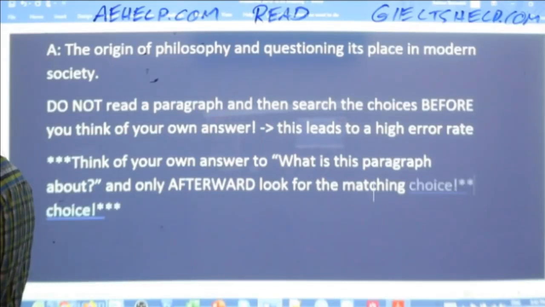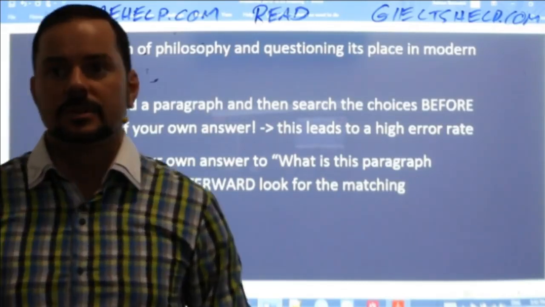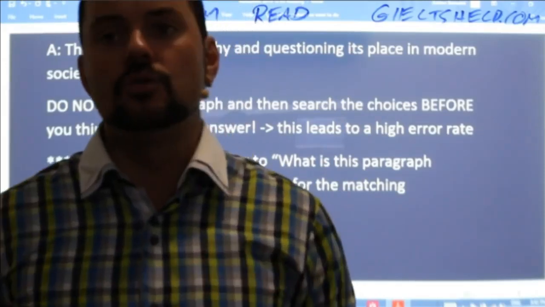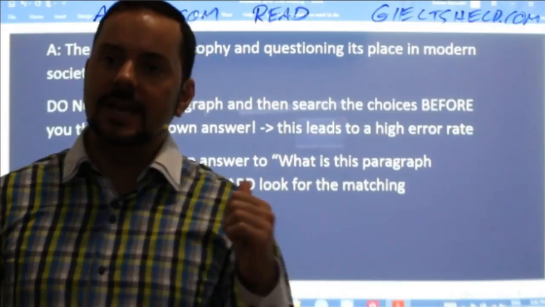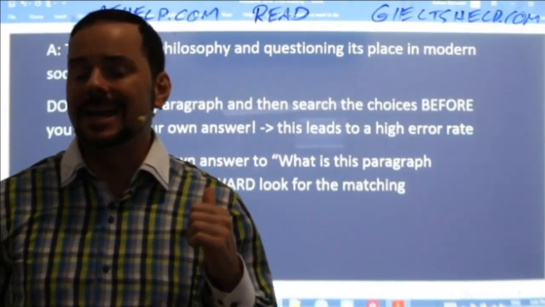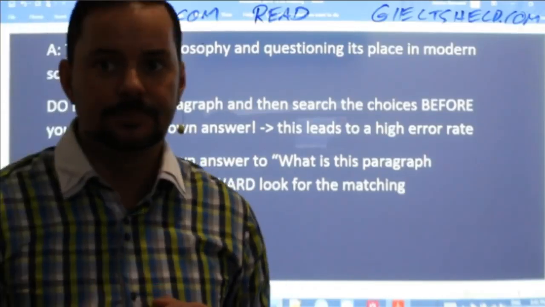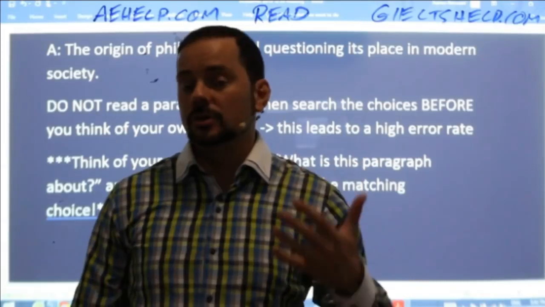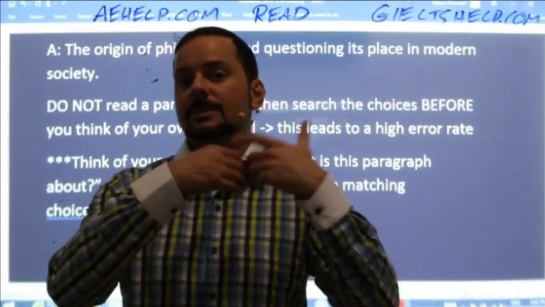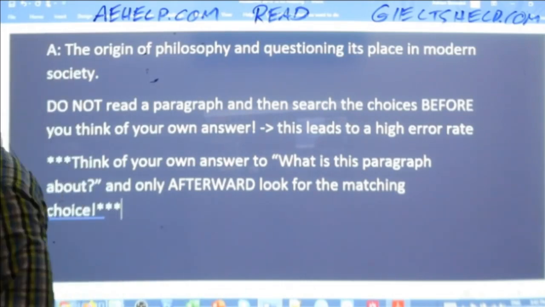It's very important advice. Is that clear, students? That will save you marks. It will save you band scores. Getting these list of headings correct helps you to get other questions for that passage correct. The number one mistake is students read the paragraph, look at the choices, and hope that the choice just magically pops out without thinking about it. So don't do that.